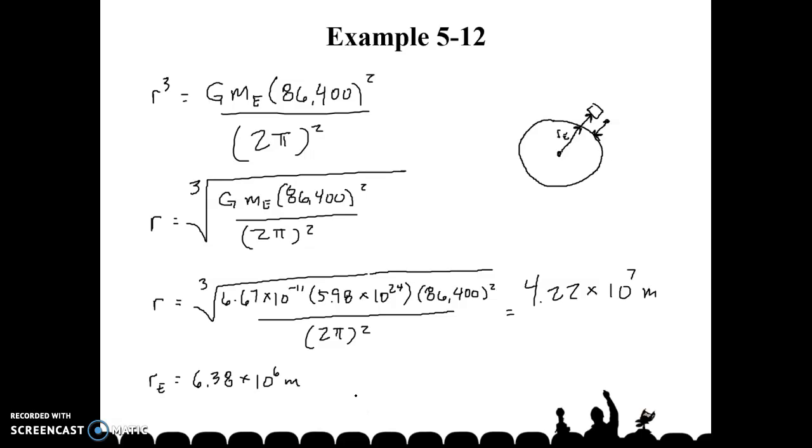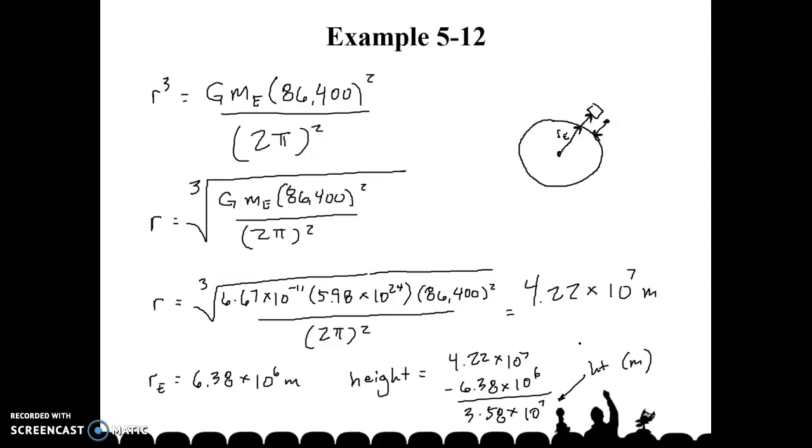So if we wanted to know the height above the Earth that our satellite needs to be, the height would be 4.22 times 10 to the 7th minus 6.38 times 10 to the 6th, and that should equal, let's see here, 3.58 times 10 to the 7th, and that is the height above the Earth's surface that our satellite needs to be, and that's in meters.